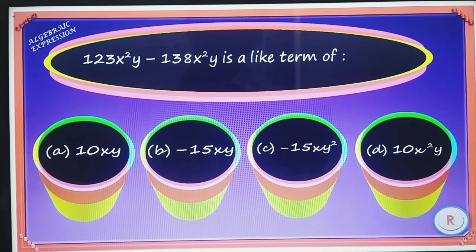Yes, which is the correct option? Option D. When you simplify the above expression, you will get the term with x square y. So the like term of that is 10x square y.